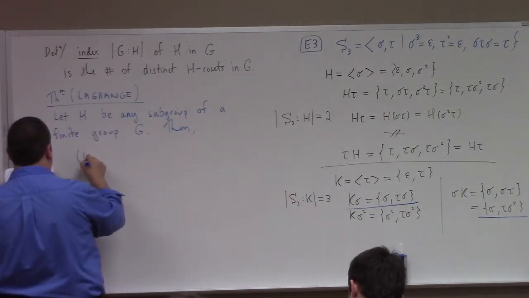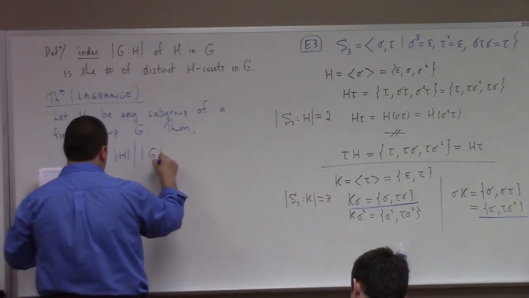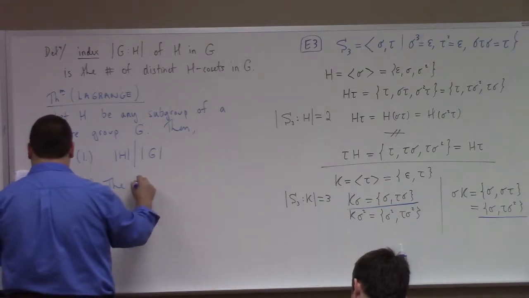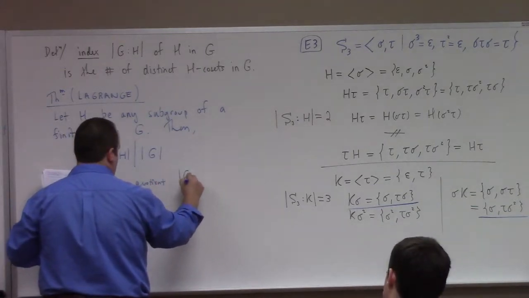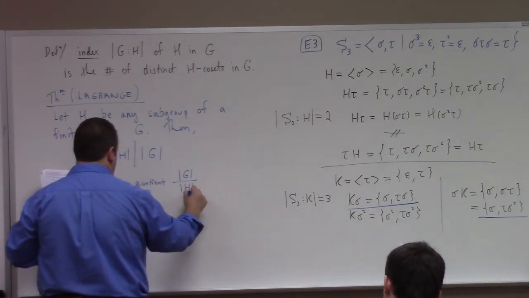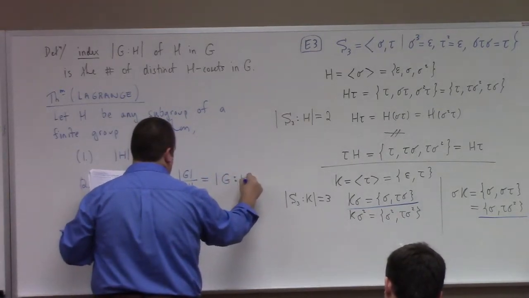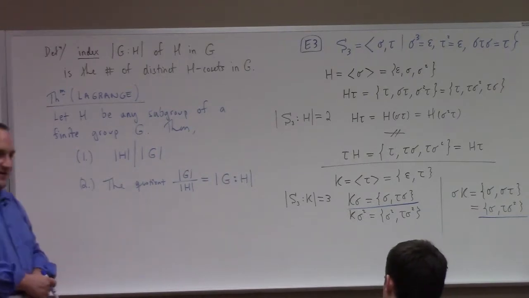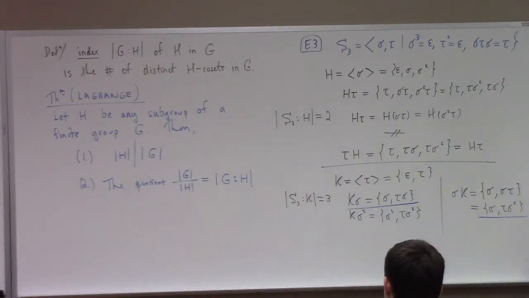Number one, the order of H must divide the order of the group G. But more than that, the quotient, the order of G divided by the order of the subgroup, is in fact equal to the index. It's easy to see that in all of the examples I've given you today, except for the one where you can't count. The one example that doesn't count is example 5.